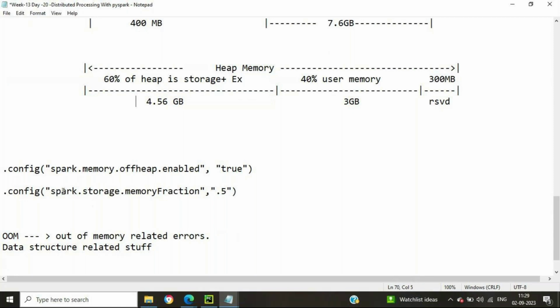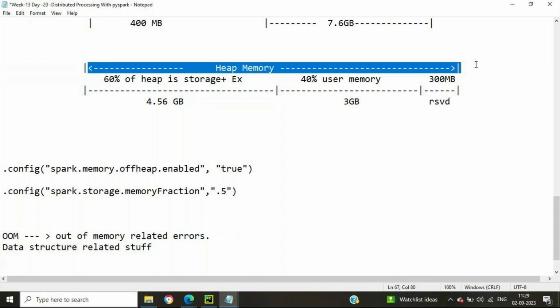This is the controlling parameter which is going to decide, say, we need to have 50% of this, 40% of this, 10% of this. This 60% is fixed in the configuration. This is the total heap memory.